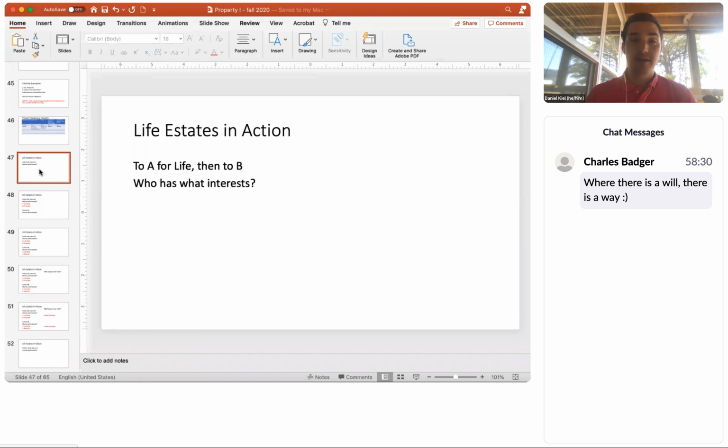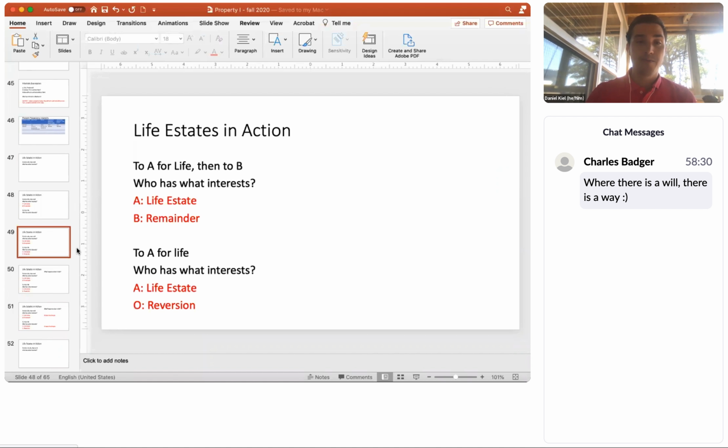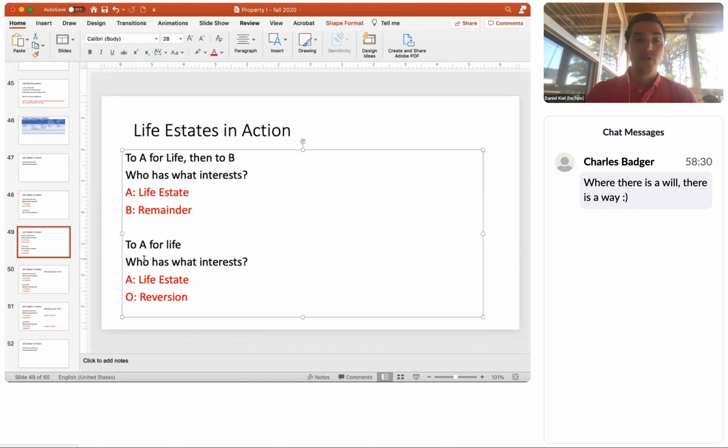And we did that here, okay? 2A for life, then there is no future interest given away, so we have a life estate and a reversion. If we had 2A for life, then to B, who has what interests?